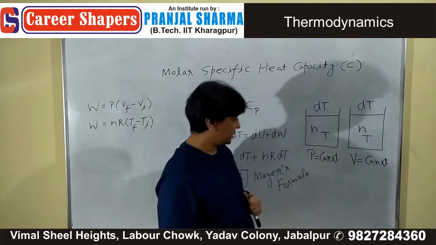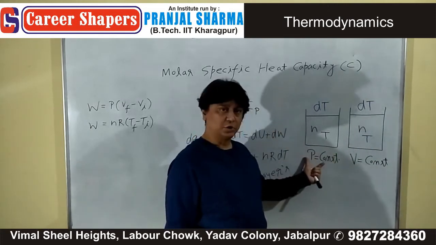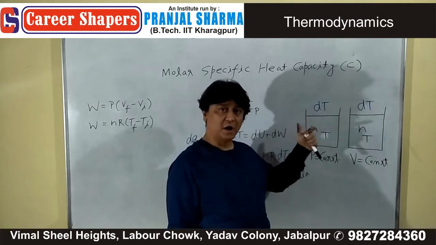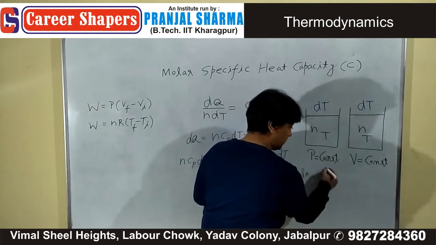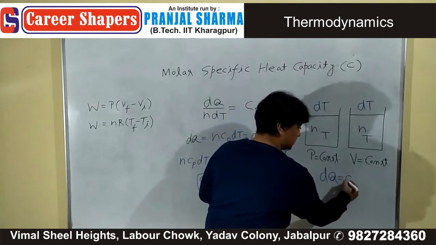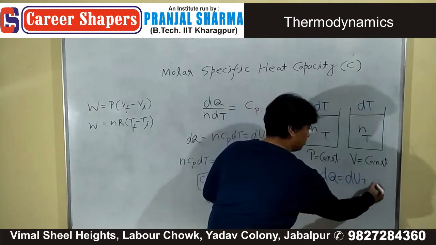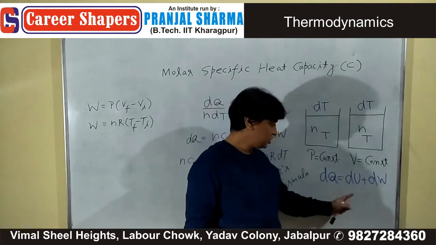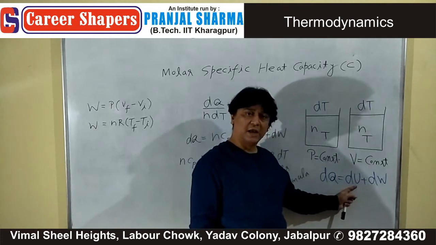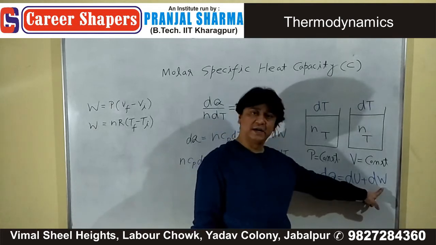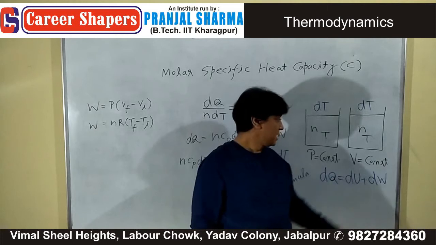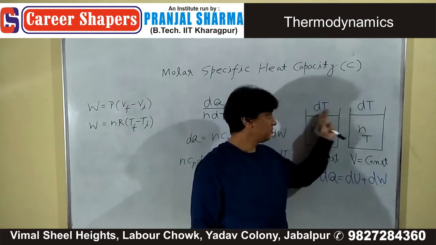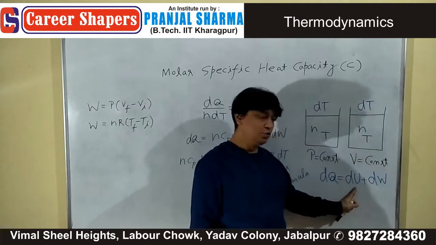If for constant pressure you supply the heat, then part of that heat, you know that dQ is dU plus dW. Part of the heat supplied changes internal energy, and the remaining part does what? Work. In both cases, since you are raising temperature by dT, your dU is what?